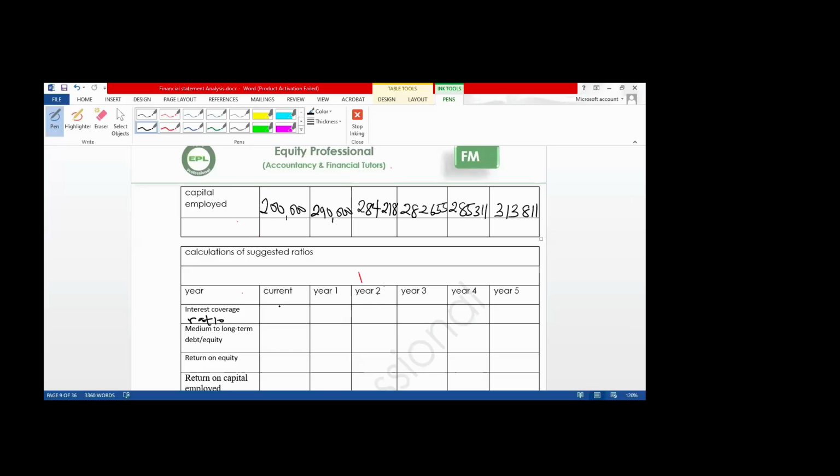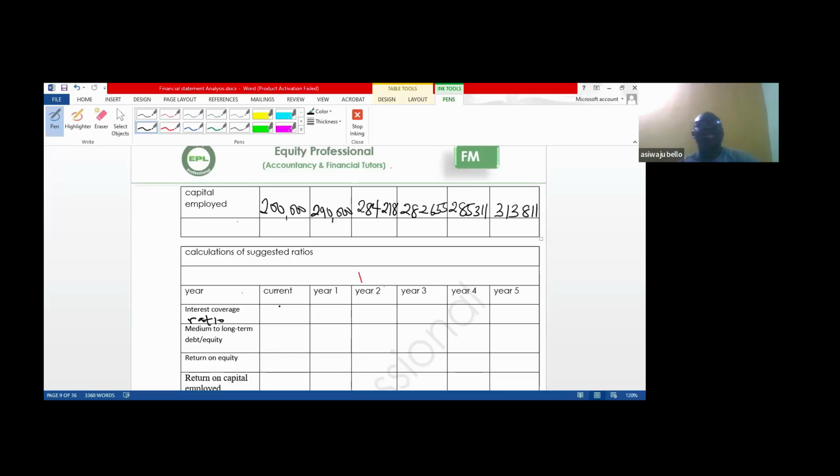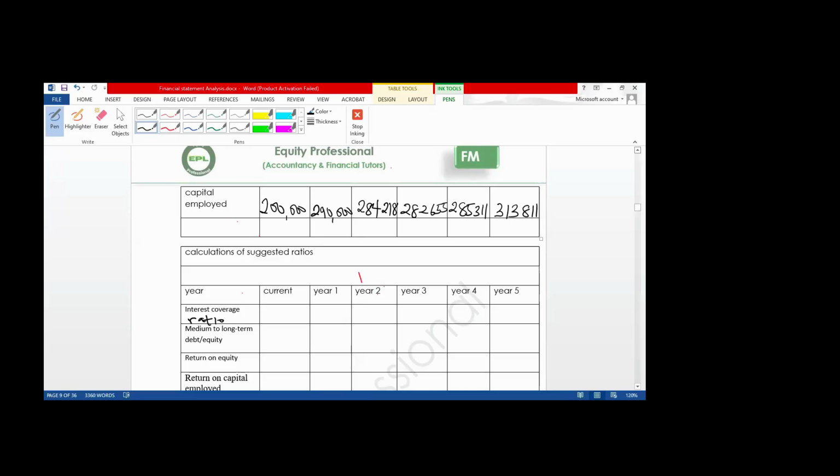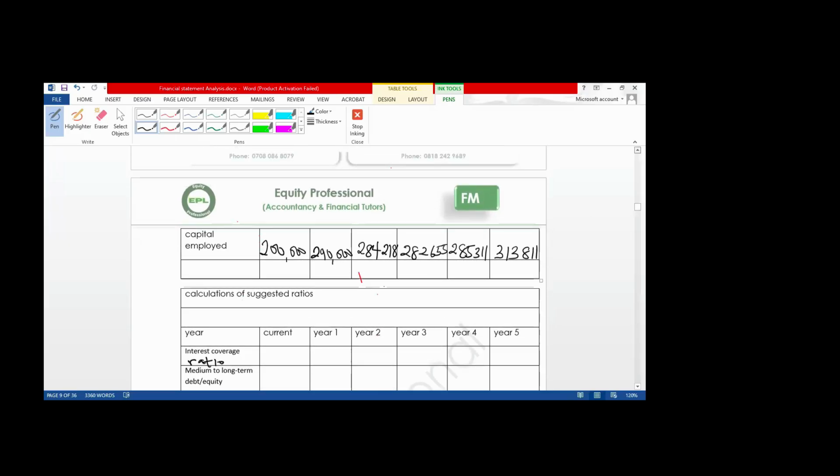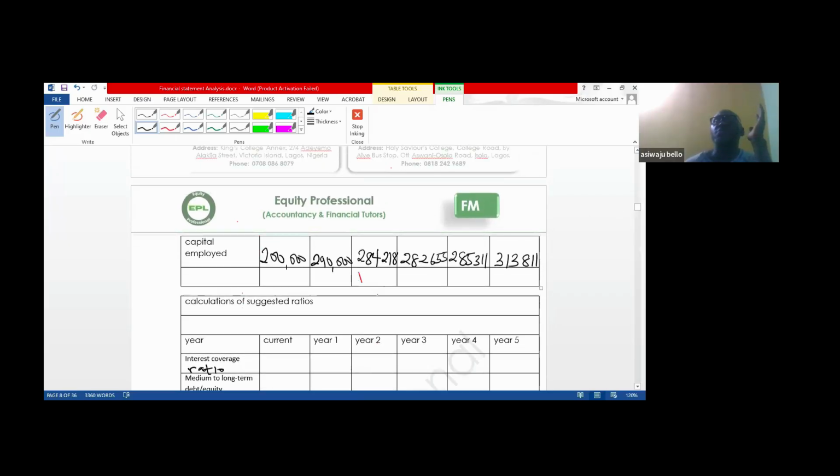Please, I'm having a serious network issue. I didn't understand how you calculated the shareholders fund. At least we can run through it. First, what is shareholders funds?